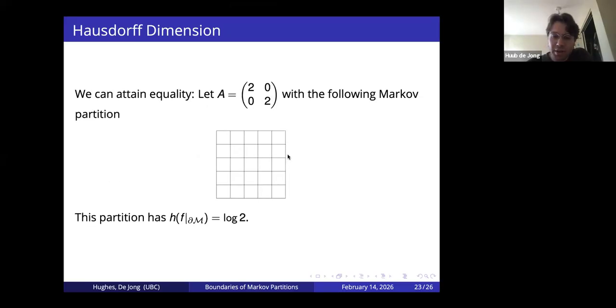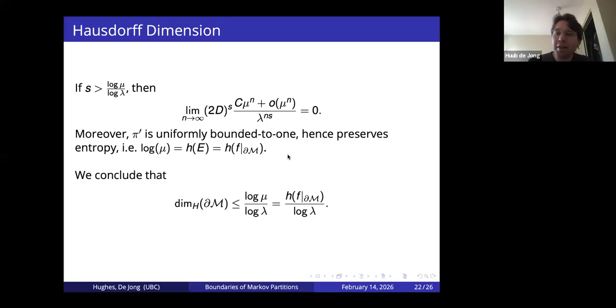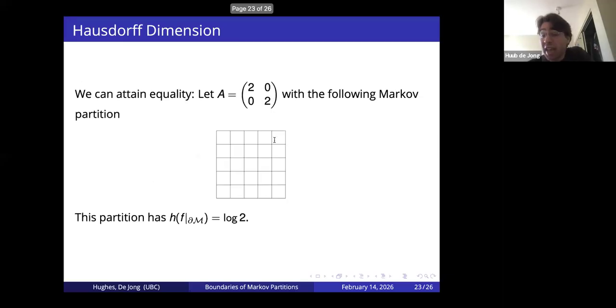This is a bound. It's weaker in higher dimensions and when there's a big gap between the eigenvalues. But we can attain equality. If I have the 2, 0, 0, 2 matrix, then I take this Markov partition of a 5 by 5 grid.